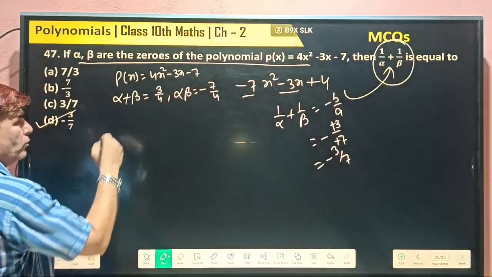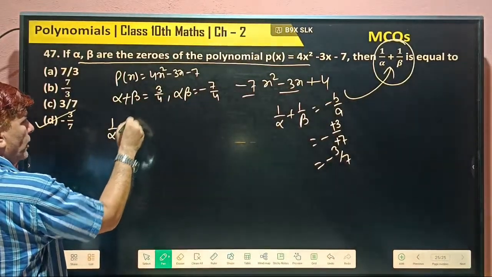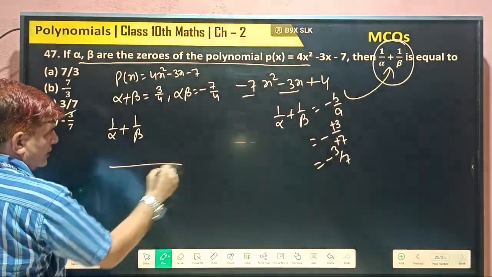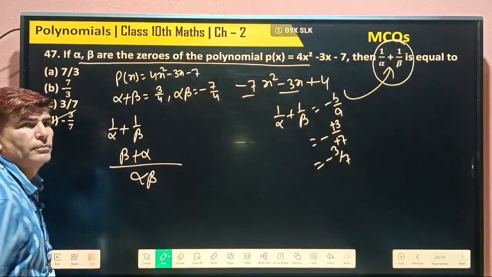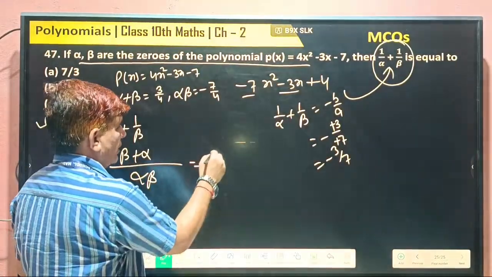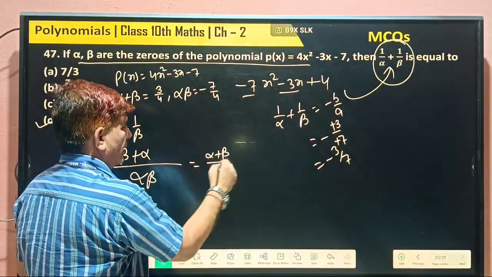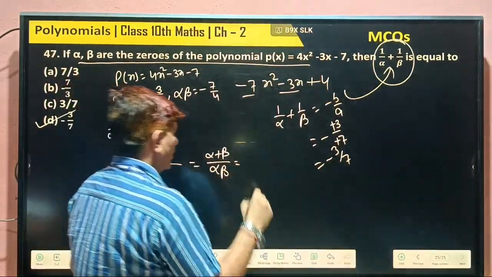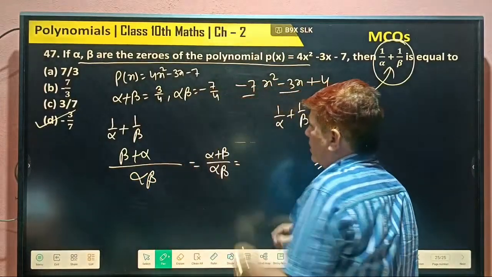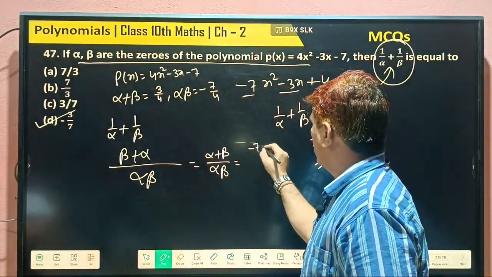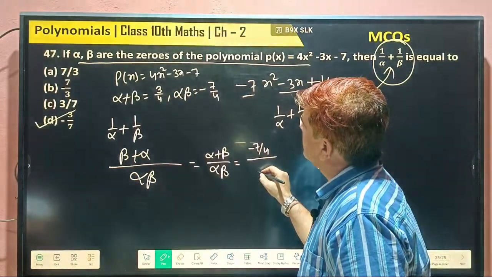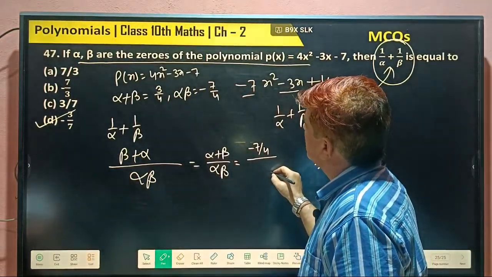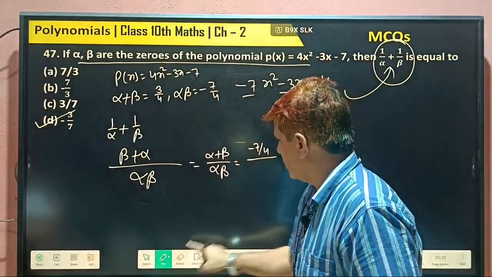And we have to find 1 by alpha plus 1 by beta. So what's your LCM? Alpha beta. And the numerator is beta plus alpha, which we can write as alpha plus beta by alpha beta. What's the value of alpha plus beta? Minus 7 by 4 divided by alpha beta. Sorry, I have written this wrong.